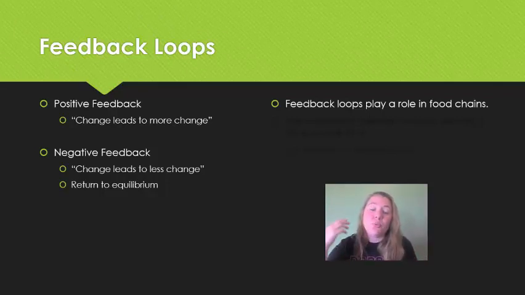These two terms will come back throughout the entire course. Just know positive feedback loop, if you have some kind of disruption, because of the process that it triggers, it leads to more disruption and things start to spiral out of control really quickly. With a negative feedback loop, things are returning back to that natural balance.